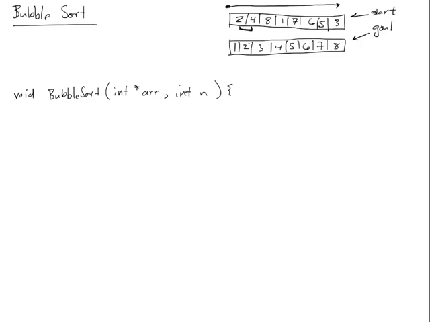Okay, so now if you remember when I talked about the implementation, we need a swap variable to know if it has swapped or not. So let's go ahead and create a Boolean for that. Boolean swap, and we're going to set that equal to false.